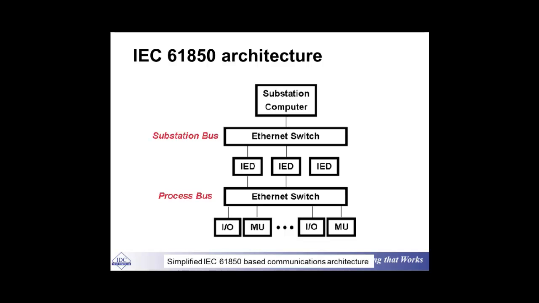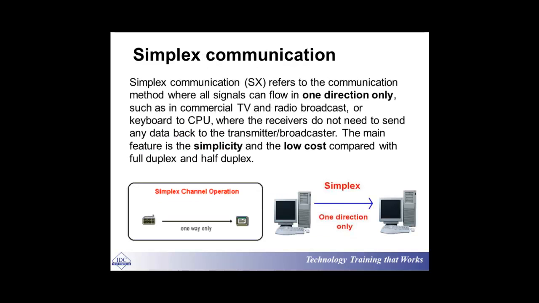We collect the information at the process bus, then we send it to the control bus, and after that it is processed by means of a number of IEDs, which can be protection relays, controllers, microcontrollers, SCADA RTUs or PLCs. Then the processed information will be sent to the substation bus by means of a data switch, an Ethernet switch, and after that it will be compiled and used by means of a substation computer. That is how this system works, how this 61850 works. That is the main architecture of it.